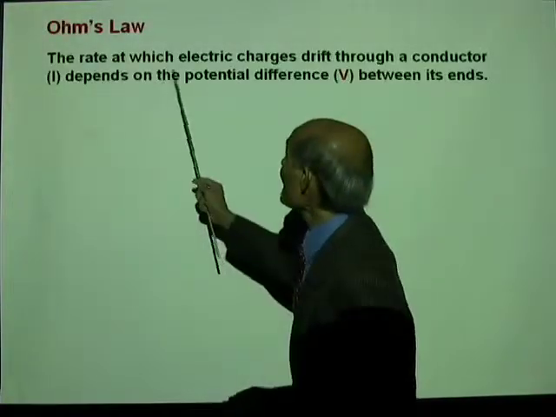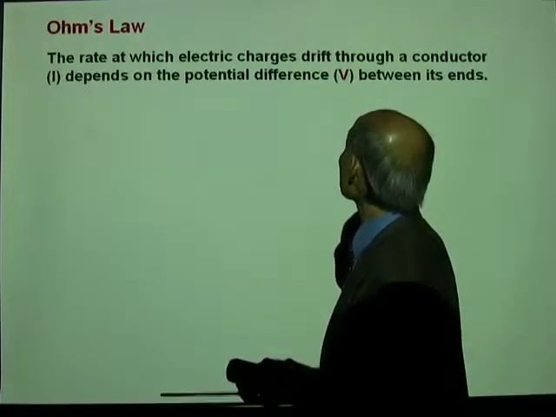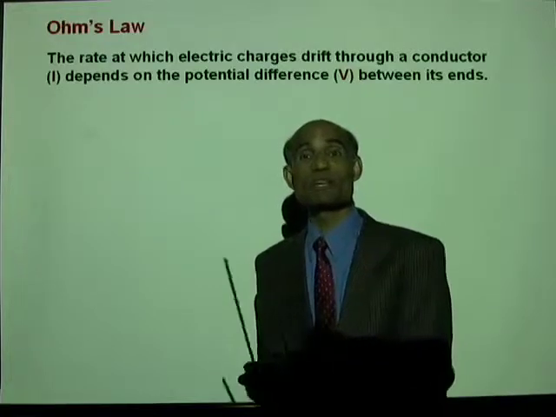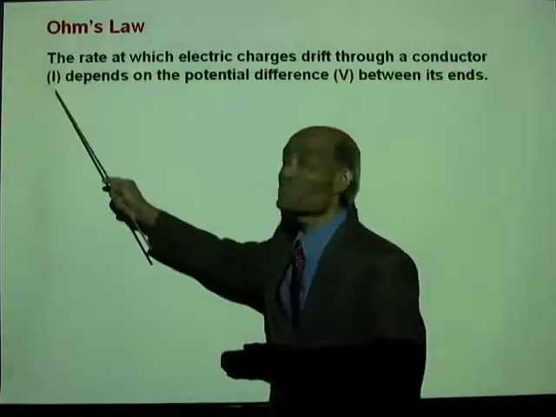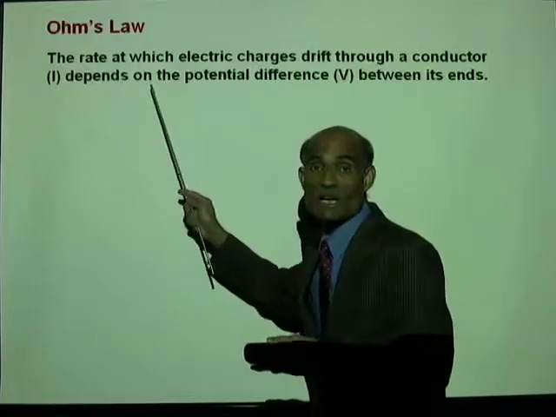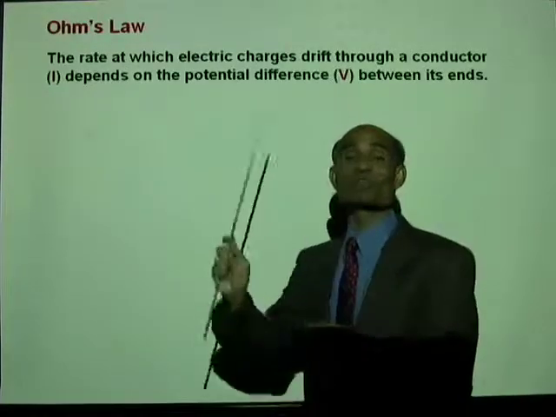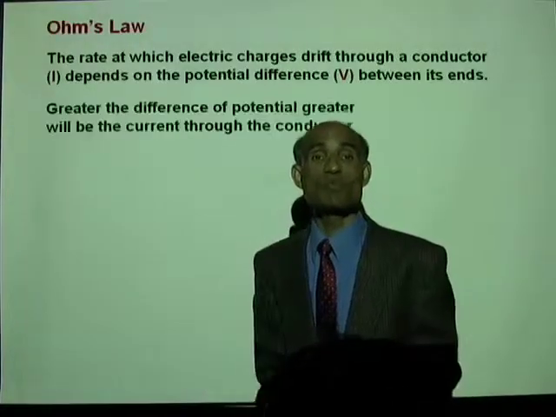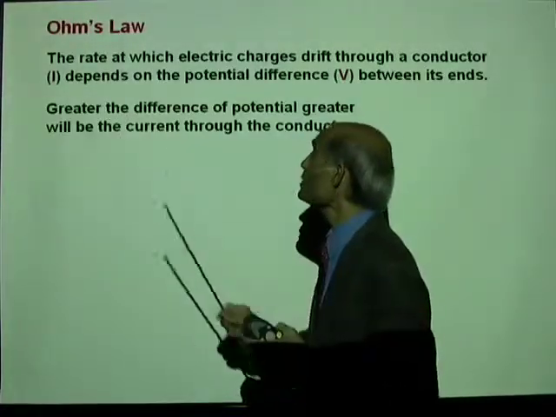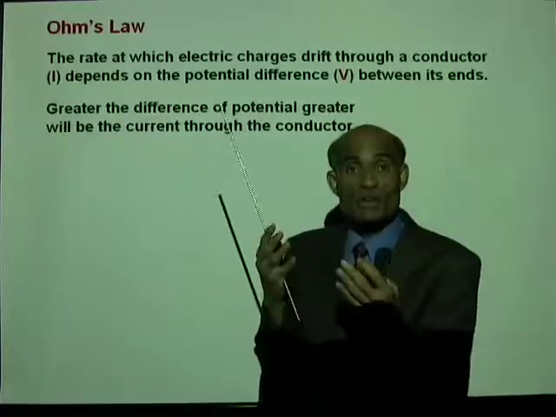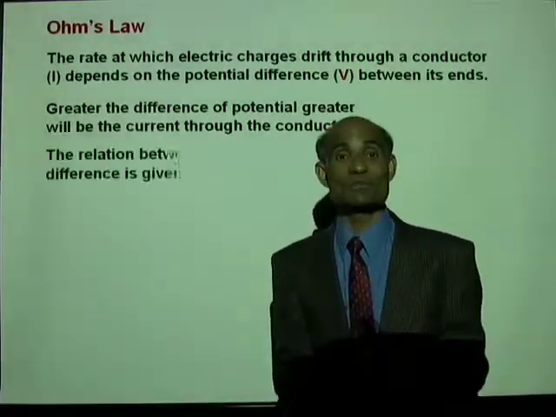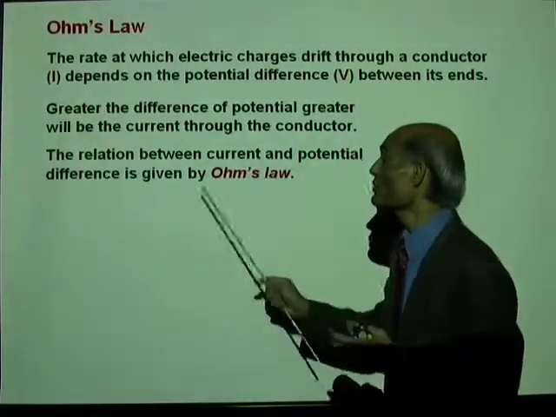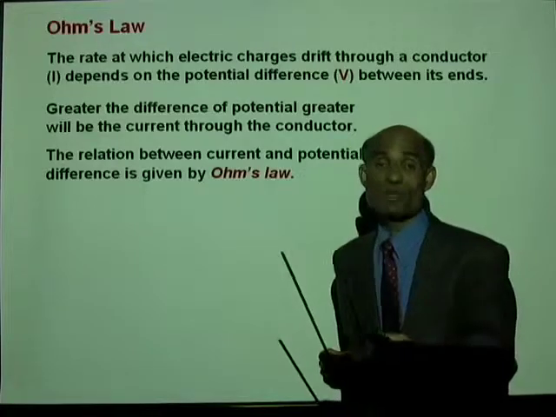Well, the rate at which electric charges drift through a conductor depends on the potential difference V between its ends. That means the current I in a conductor depends on the potential difference V. And Ohm's law is a relation between these two quantities. Greater is the difference of potential, greater will be the current through the conductor. The relation between current and potential difference is given by Ohm's law.